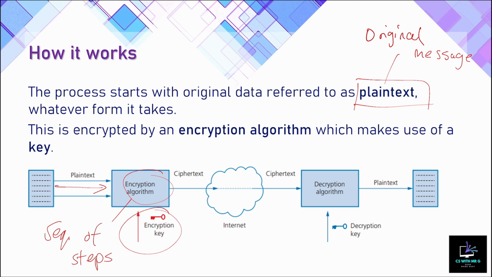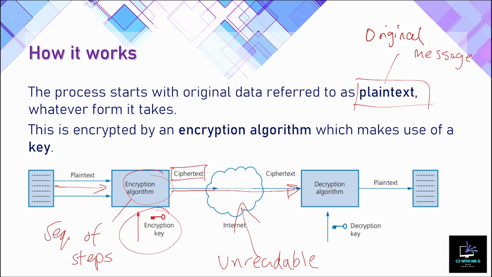Once it's changed into an unreadable format, this is called ciphertext. So we need to know what that means, which is when the data is completely unreadable unless you have the encryption key. This information then goes across the internet. Obviously, if anyone steals it or intercepts it at this point, it's still in ciphertext form and it should be unreadable, and any sensitive information can't be read or understood.